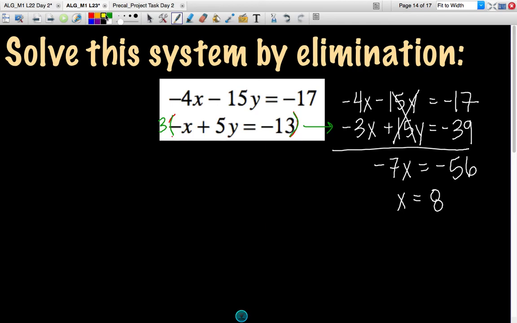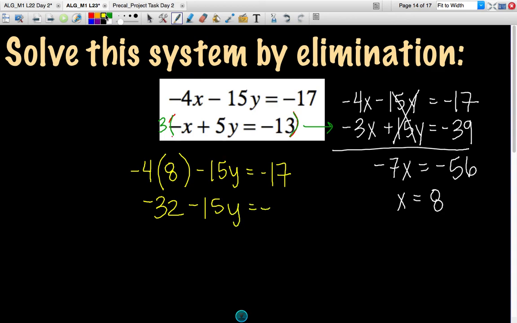Now let's plug in 8 to find our missing value. Negative 4x, negative 4 times 8, minus 15y is equal to negative 17. Negative 32 minus 15y is equal to negative 17. I'm going to add 32 to get rid of it. So this leaves me with negative 15y.